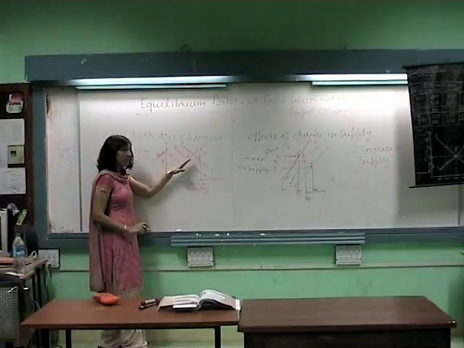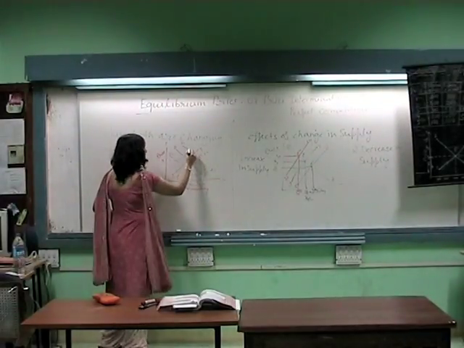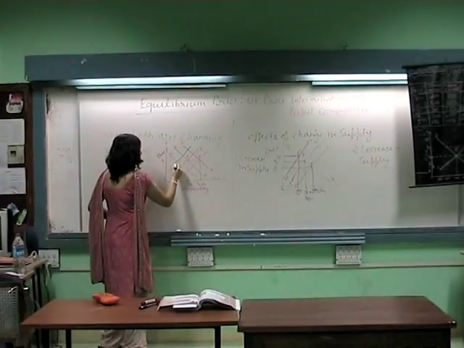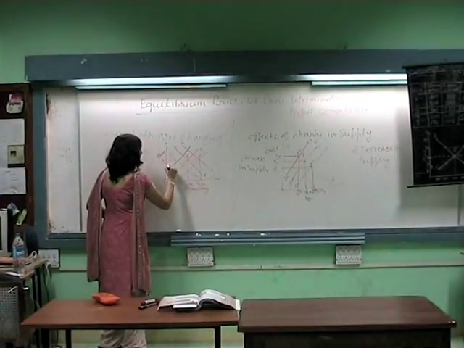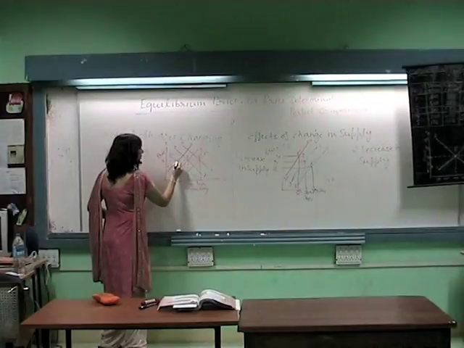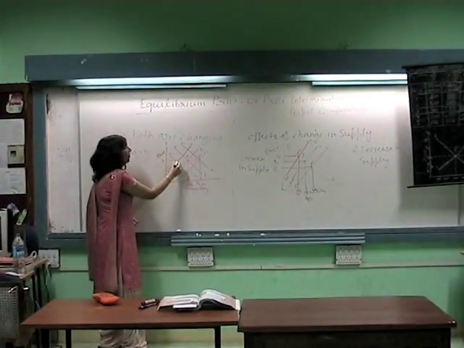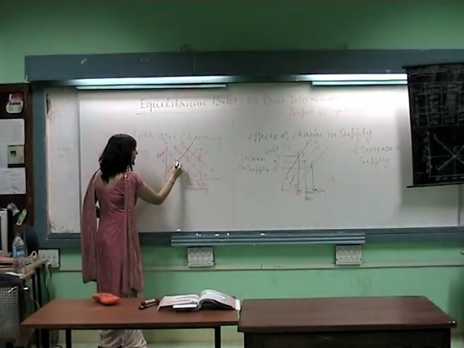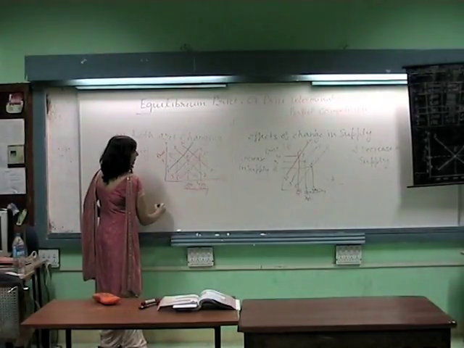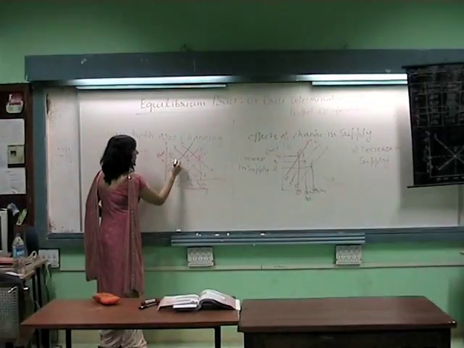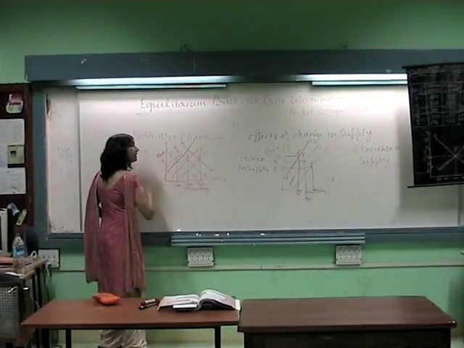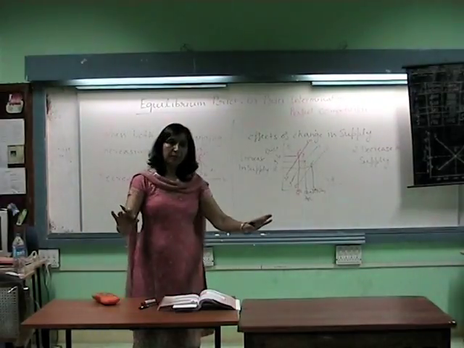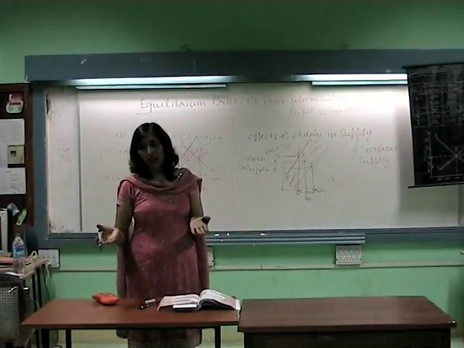What happened? It has shifted. Equilibrium is established here, where the new demand curve intersects the new supply curve, E dash dash. Now what happens? Price remains the same because there is no shortage, no surplus.